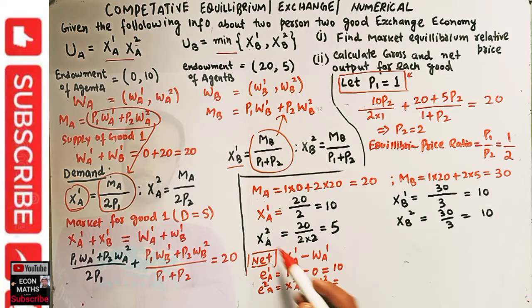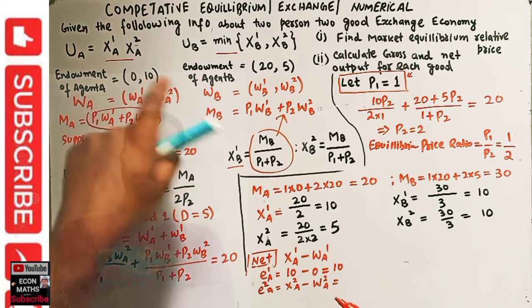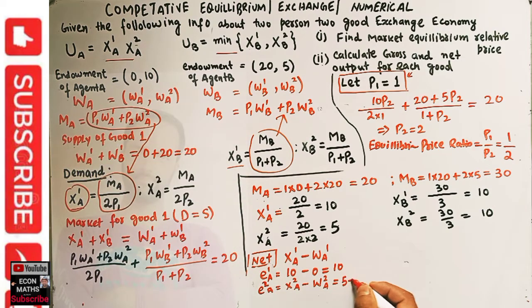So gross we got 5, and how many units he has initially? 10. So we have 5 minus 10, which means obviously it is minus 5. That means person A will sell 5 units of good 2 and will buy 10 units of good 1.